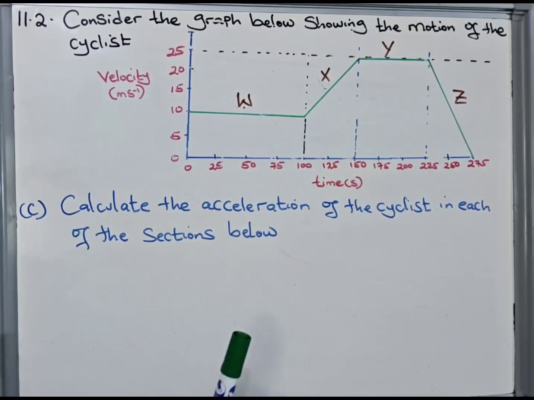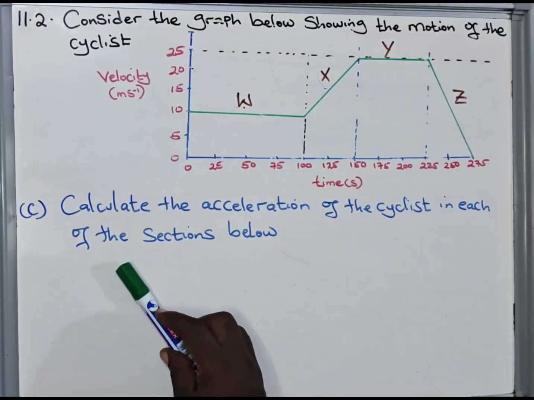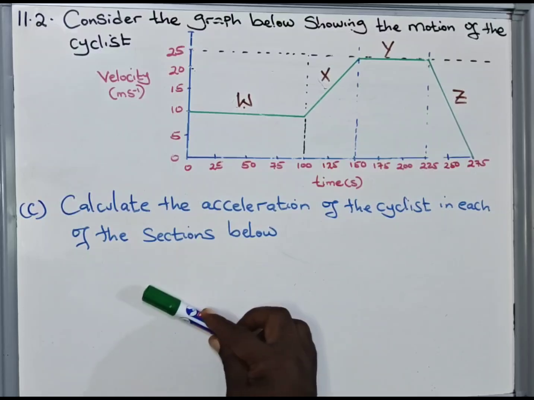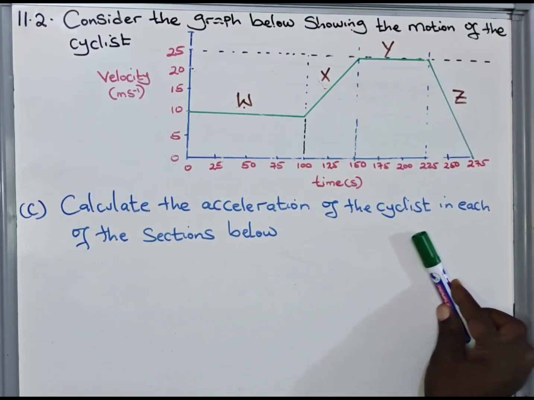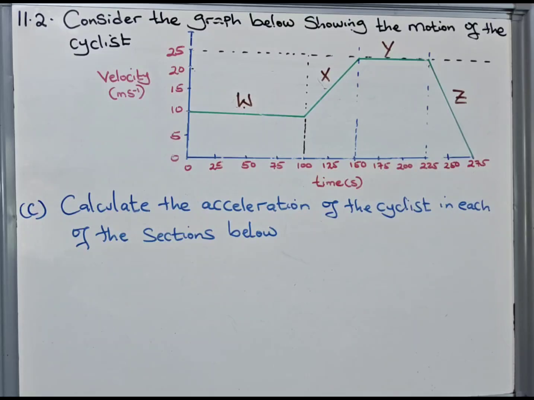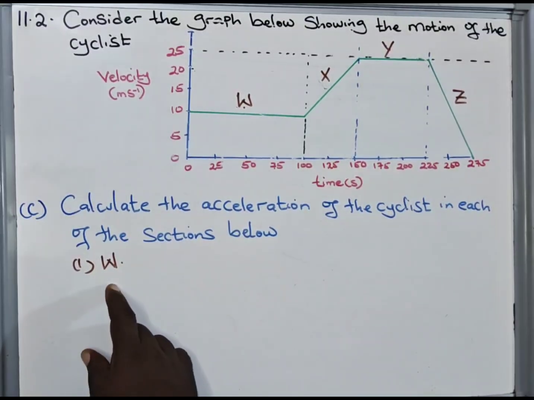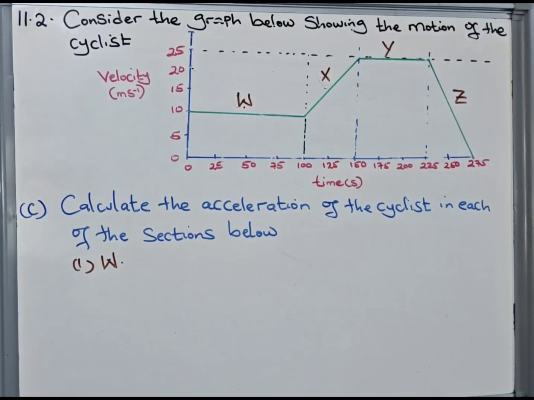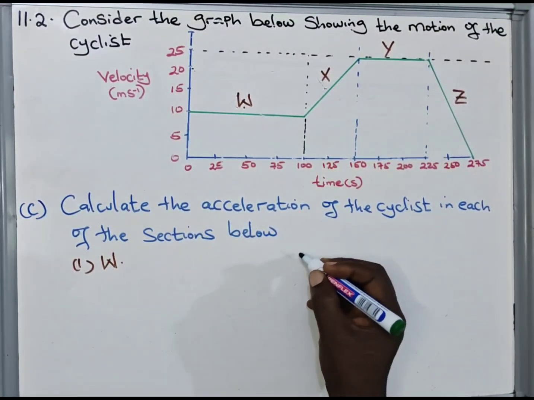Then we come to this question. It says that calculate the acceleration of the cyclist in each of the sections below. The first one, W. What is acceleration?